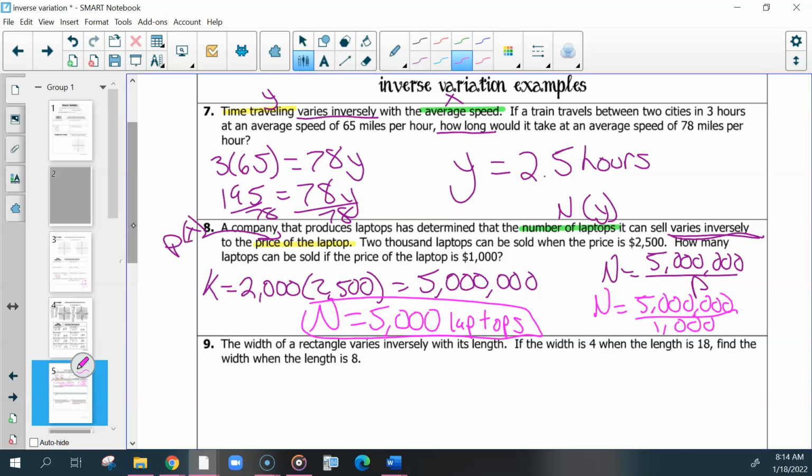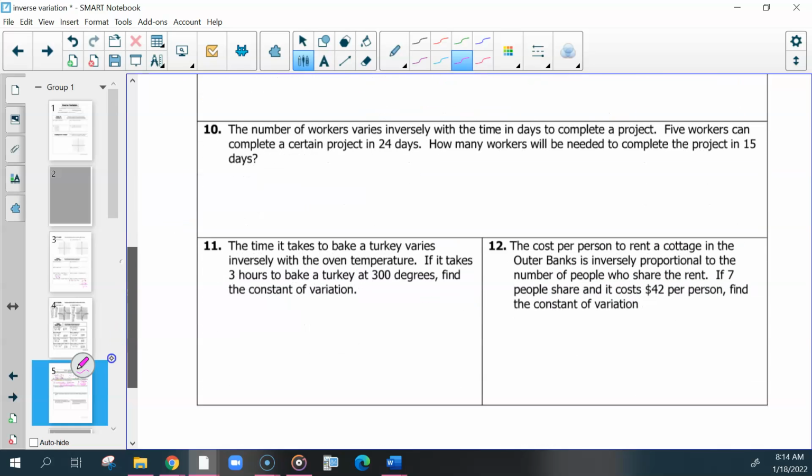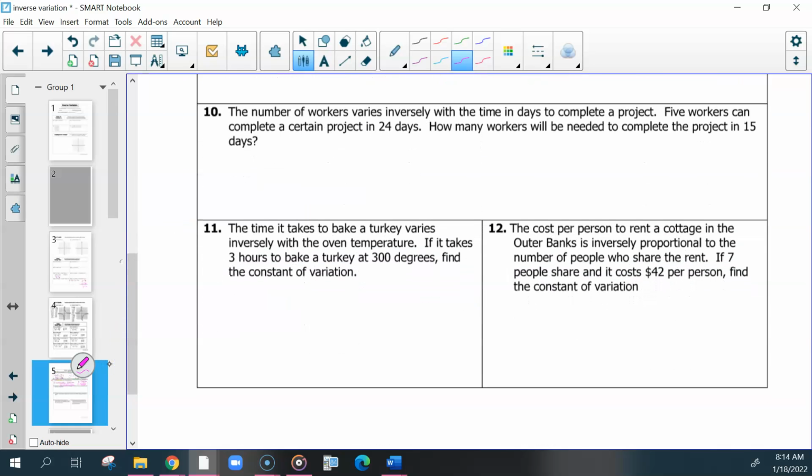I'm going to scroll down really fast so we can do one more together. Then I'm going to have you do one or two for a couple minutes. I'll show the answers to those, and then we'll be done for today. So for 11, the time it takes to bake a turkey varies inversely. So this would be our y and x.